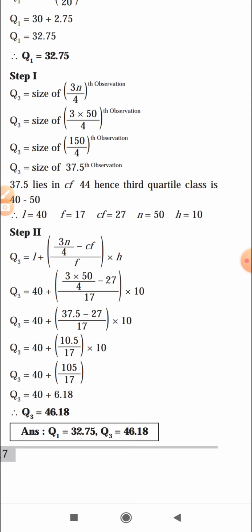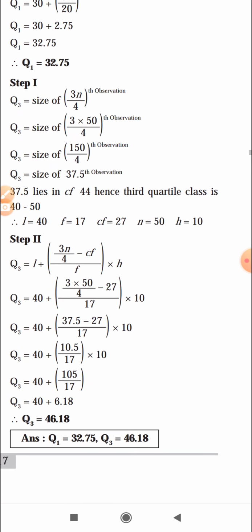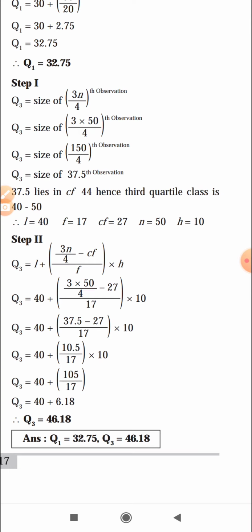Once we get the quartile class, we find the lower limit of the quartile class, then the frequency of the quartile class, then the cumulative frequency of the class preceding the quartile class, and the value of n. We put all the values in the formula, and then we get the value of the respective quartile, that is Q1, Q2 and Q3.